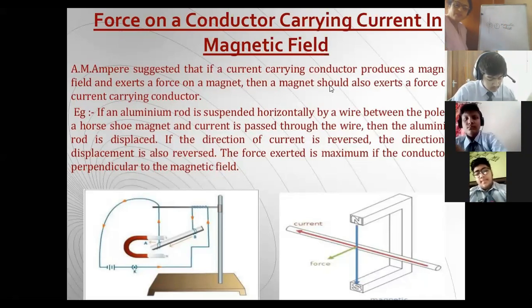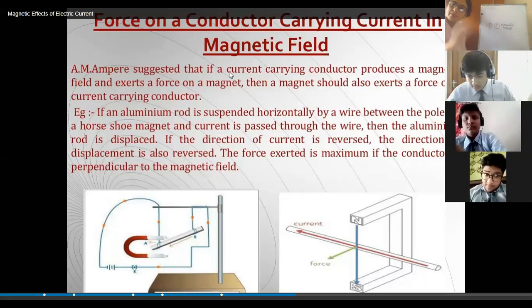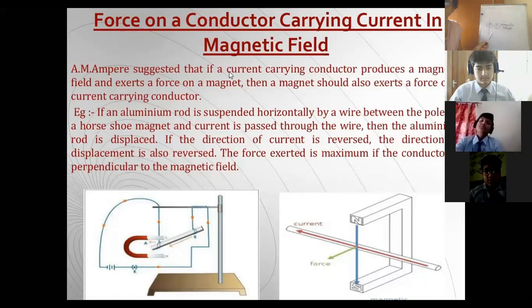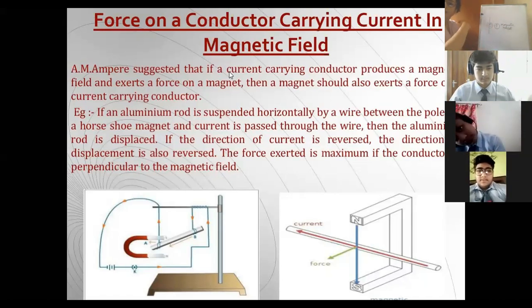It will show a deflection. This experiment was established by Oersted: once the current flows through the conductor, it creates a magnetic field, and because of the magnetic field, the magnetic needle shows the deflection.